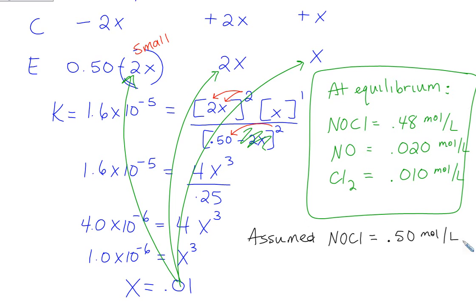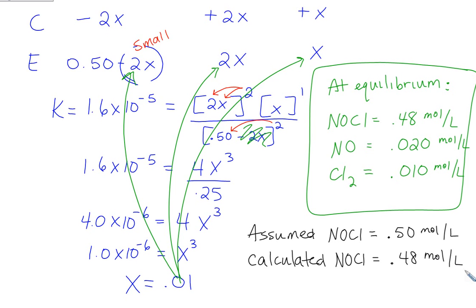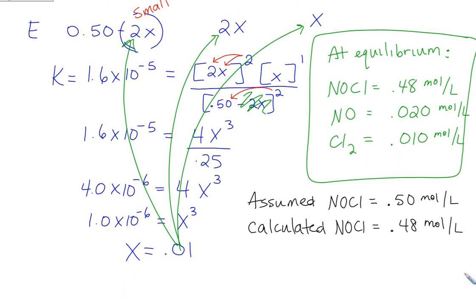Once I actually calculated that concentration, the calculated amount of NOCl was 0.48 moles per liter. Here's the 5% rule: you get rid of any minus or plus x. It saves you time when doing the math, and you can do this as long as k is small, because then x must be really small. If I'm shifting this forward, it's not by much. So let's just get rid of that minus x or minus 2x, whatever it might be.